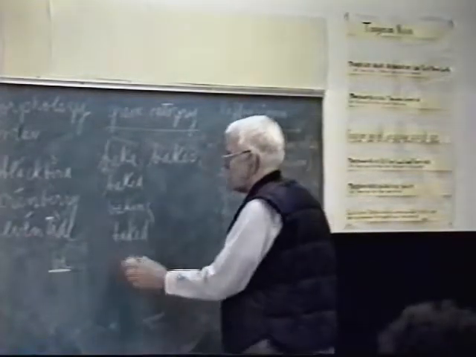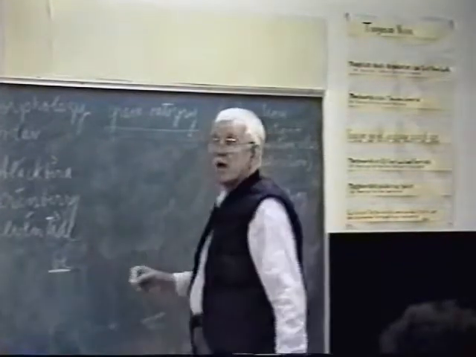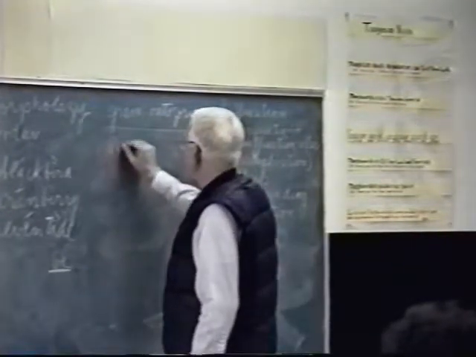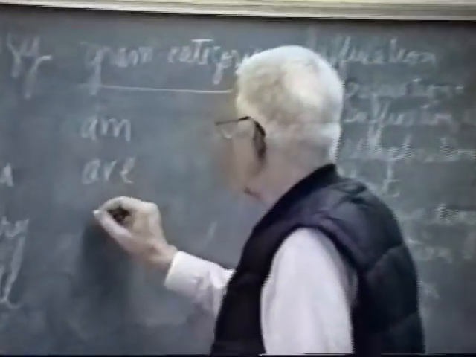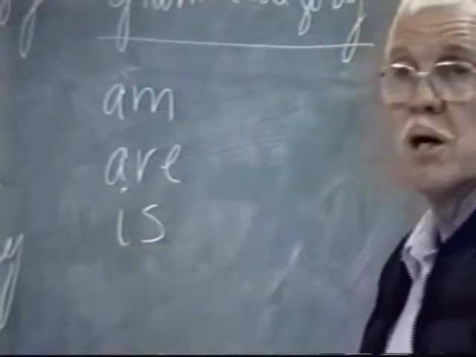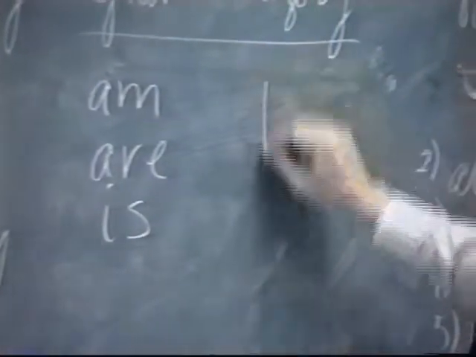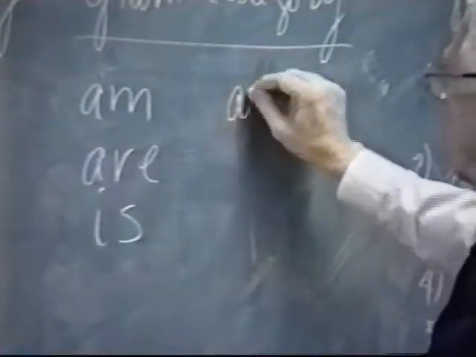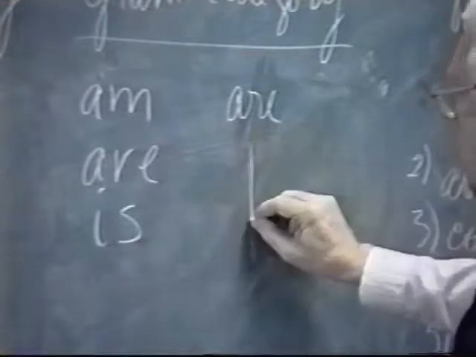But when we start looking at the verb, it has many different forms. Not I be, but I am. You are, he or she or it is, and then you have simply are in the plural. We are, you guys are, they are.